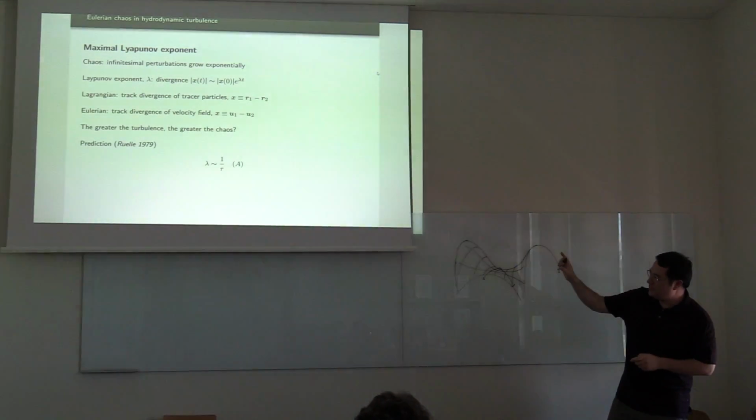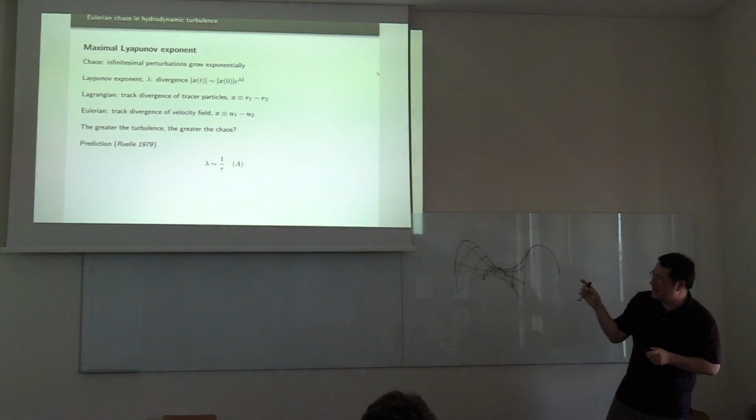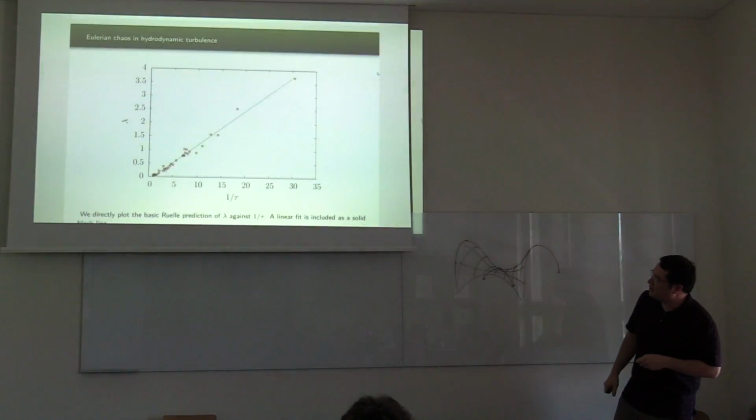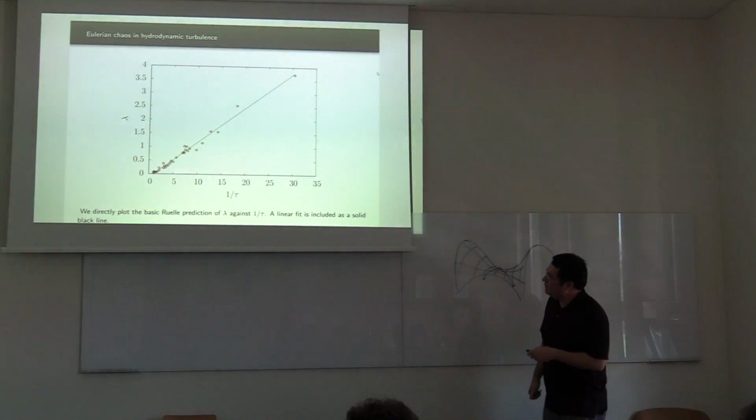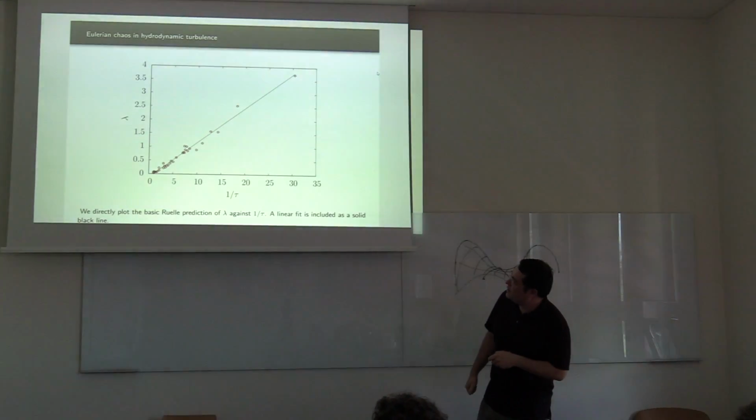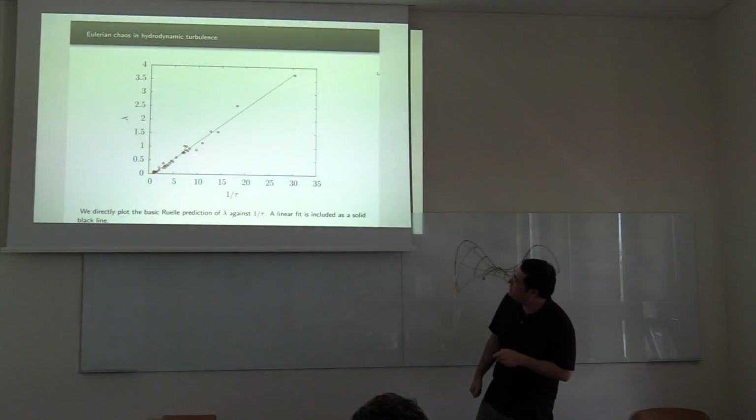The reasoning behind this is that tau is the smallest time scale, and so if you want the largest lambda, you have the smallest time scale. That's basically tau. And we varied the Reynolds number, so we varied our parameters. We found the difference between the Lyapunov exponent and 1 over tau, and we find that it's roughly linear, which is nice.